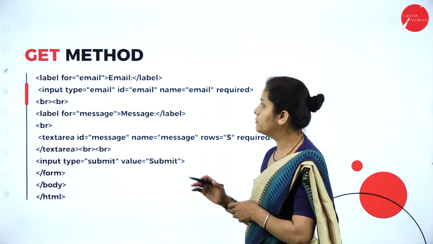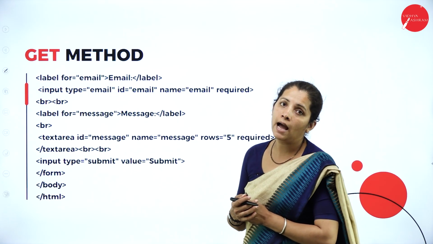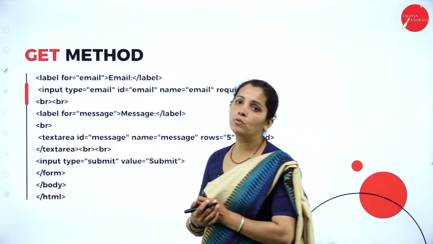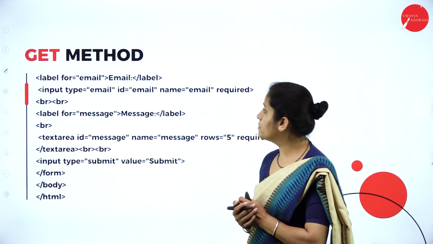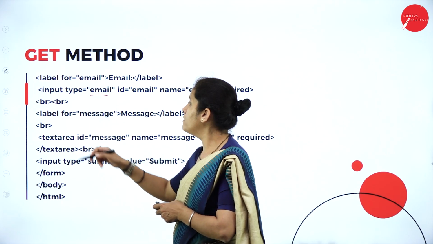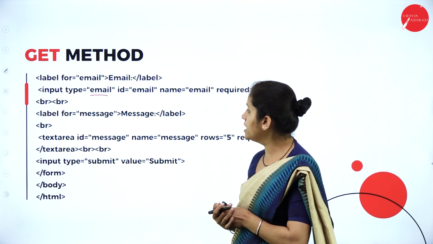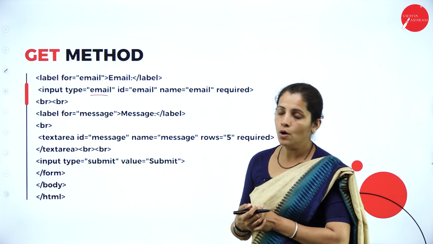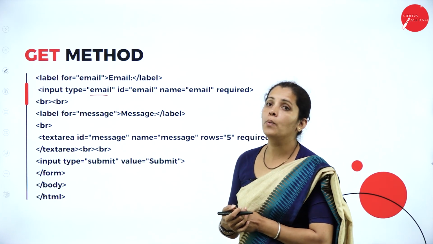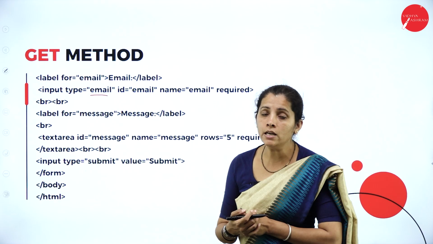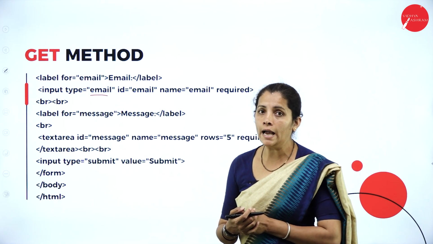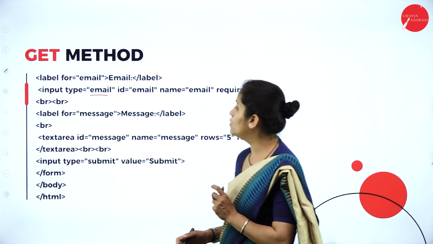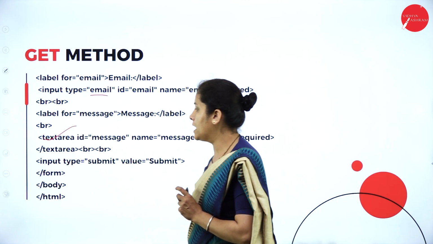Now I must have the email, so I use the input type email. If I want a message, I take the textarea, when I want to read multiple line input.